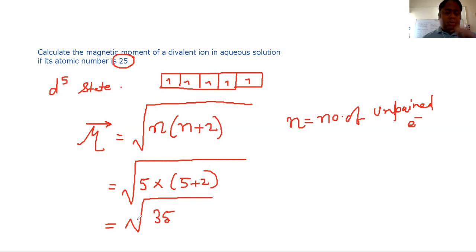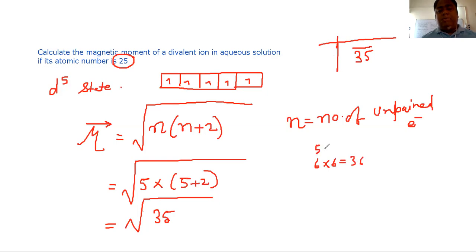So 35 is not a perfect square, so we have to find out the square root of this. How do we find out the square root? Let us try to find out 35. If I take 6 into 6, it will be 36.